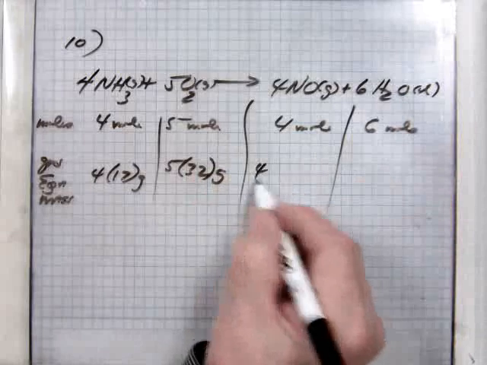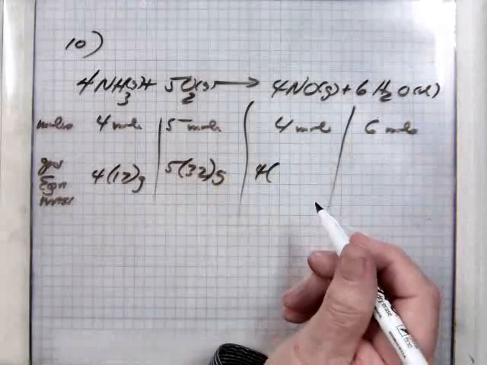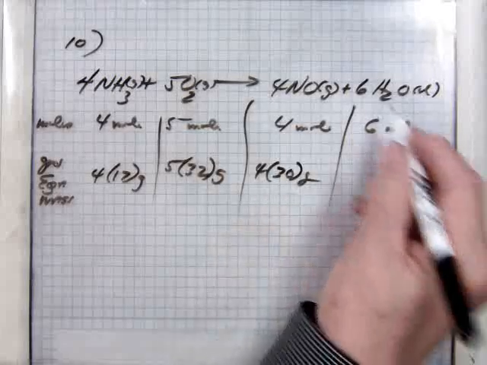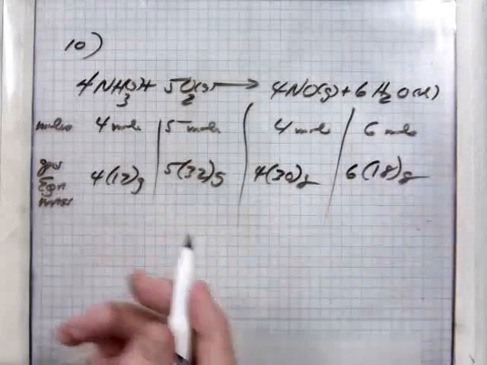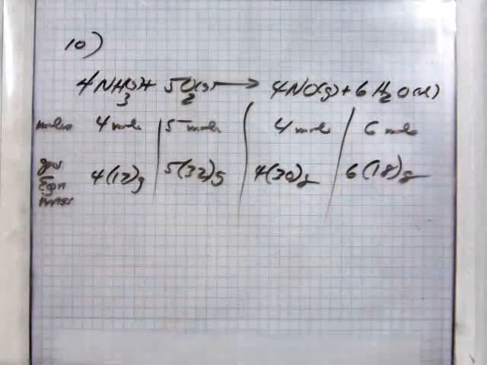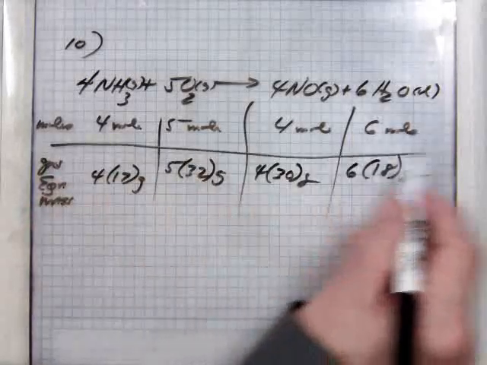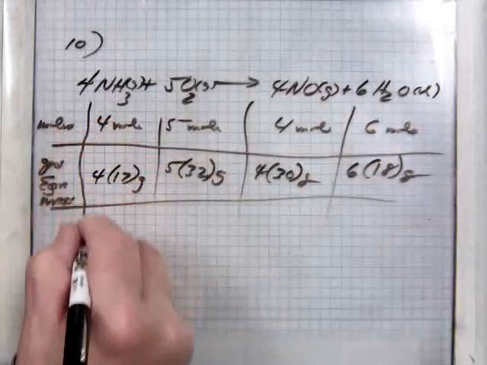This should be 4 times 30 grams, and this would be 6 times 18 grams. And these are called equation masses, and you multiply them out. But you can also calculate out of this particle numbers and gas volumes.